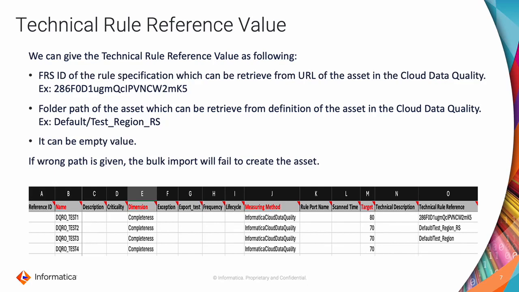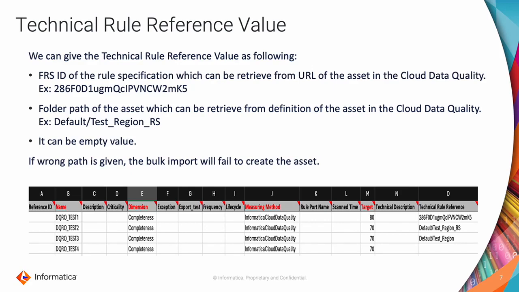We can give the technical rule reference value as follows in the import sheet. First is the FRS ID of the rule specification, which can be retrieved from the URL of the asset in Cloud Data Quality. If you click on that asset, you can see the URL, and at the end there will be your FRS ID. For example, here the FRS ID is this one.